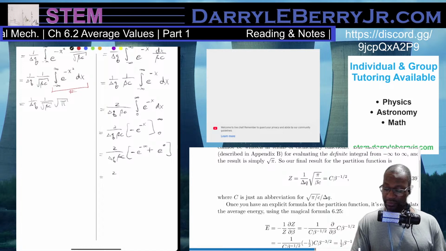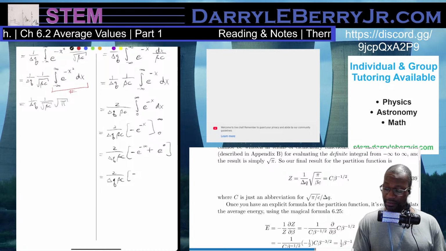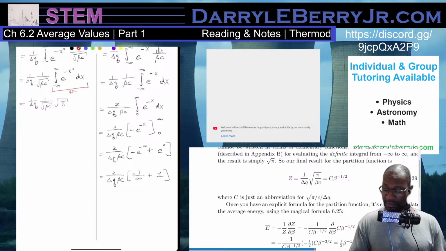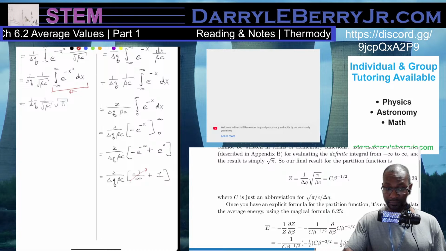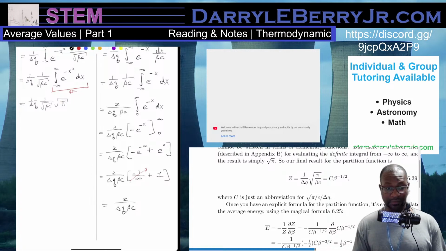So we have 2 over square root of q bc, and this is minus 1 over infinity plus 1, and this is 0. So we have 2 over square root of q bc.